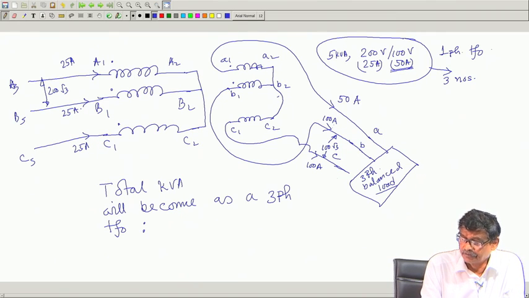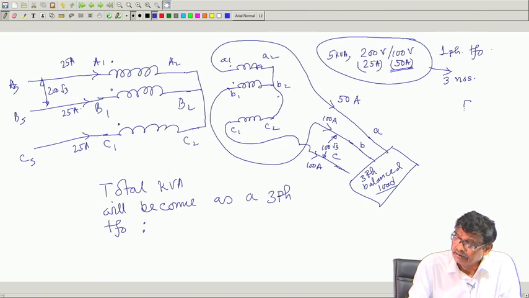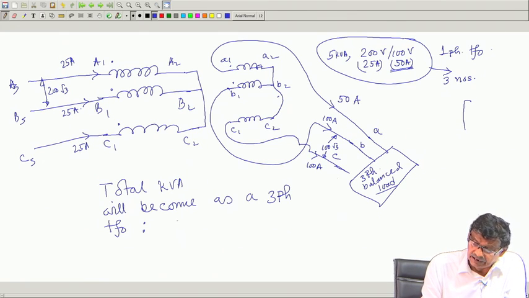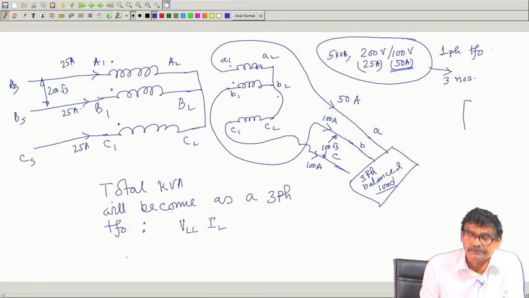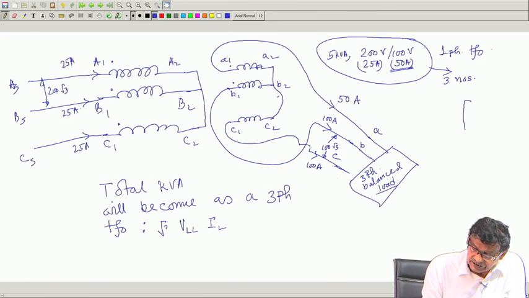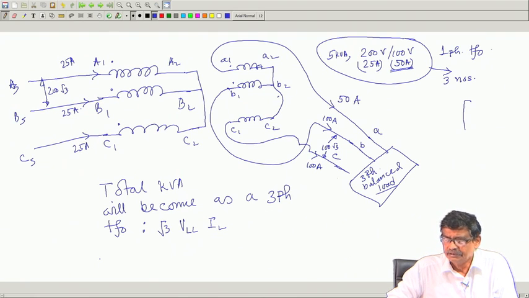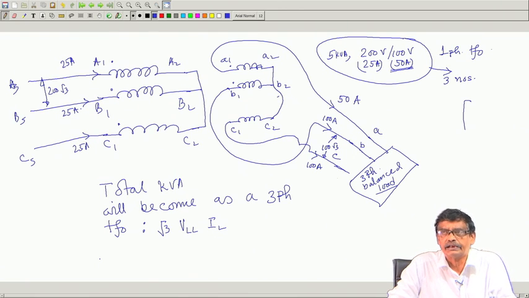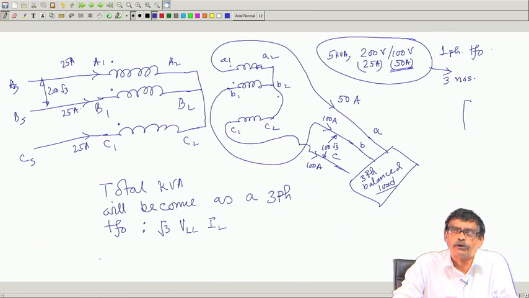For example, in a 3 phase system, if the line to line voltage is VLL and the line current is IL, for a balanced load the total kVA is √3 VLL IL. Irrespective, it takes care of both star and delta. That is why people love to use this formula so often. Forget about star delta, tell me what is the line to line voltage. Only thing, the load is balanced, that is a condition. Line to line voltage is VLL, line current is IL, total kVA will be √3 VLL IL.